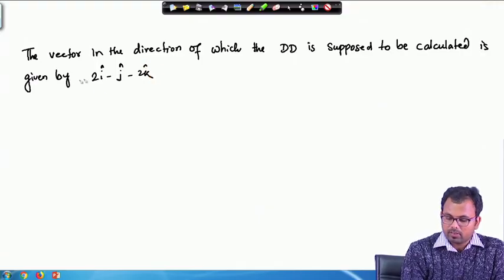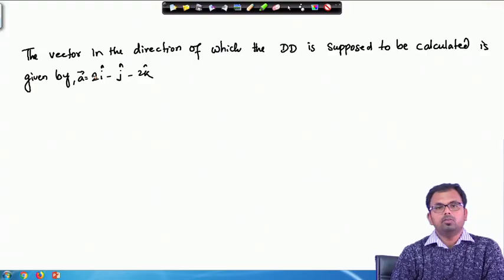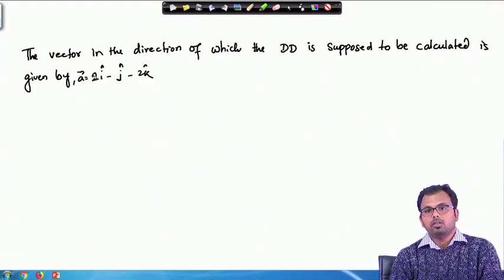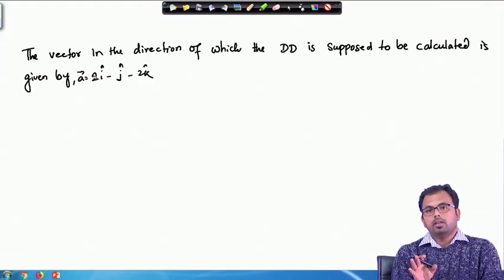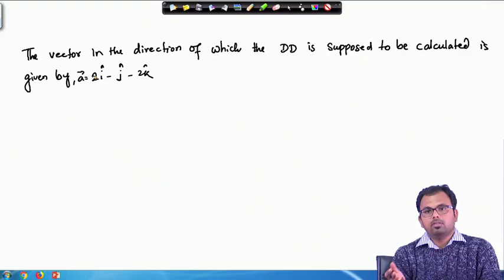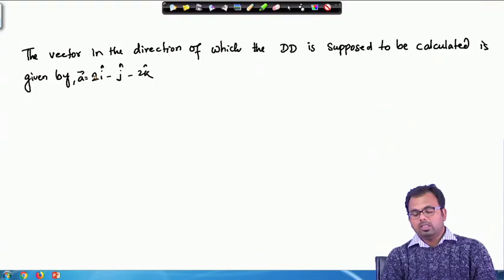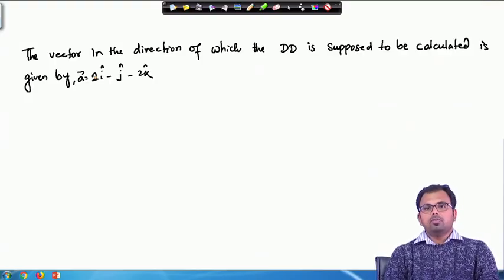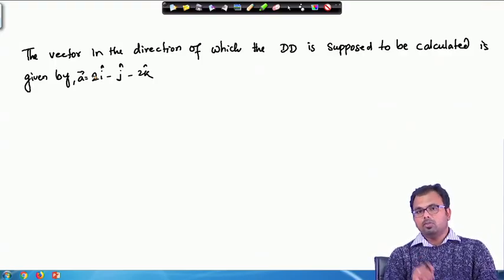Let us call it A. This is basically the given vector, so do not focus on normal or anything else. From here I have to obtain a unit vector.